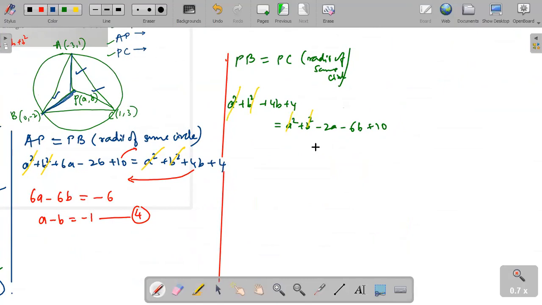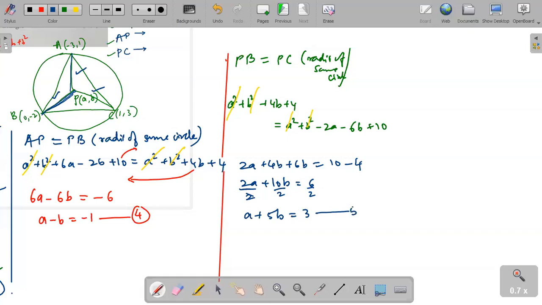Get all the terms on one side. So this will be 2a plus 4b plus 6b equals 10 minus 4. So it will be 2a plus 10b equals 6. Now simplify it by dividing all of them by 2. That will give you a plus 5b equals 3. This is your equation 5.